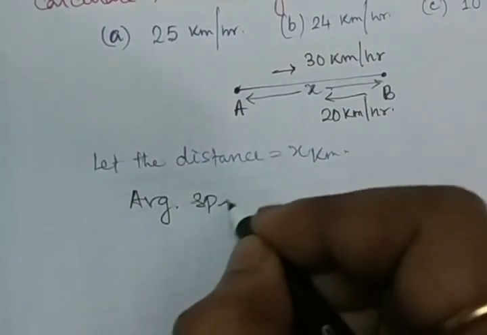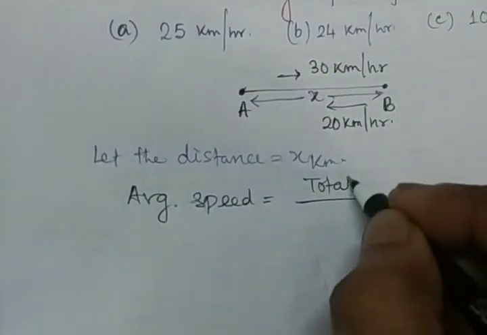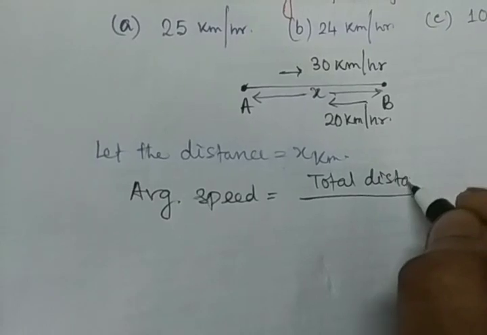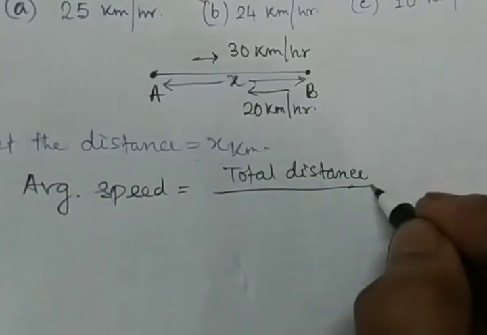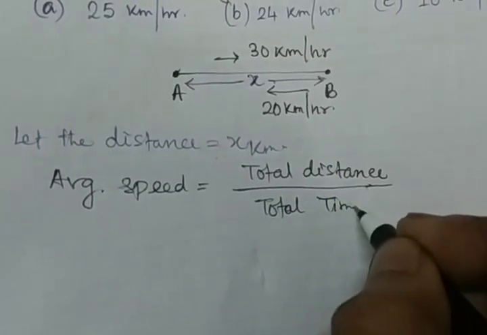Average speed formula is nothing but, as I told you already, total distance by total time. This is the formula of average speed.